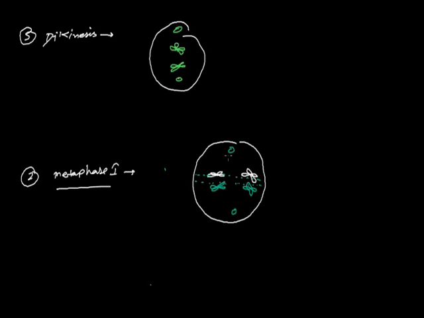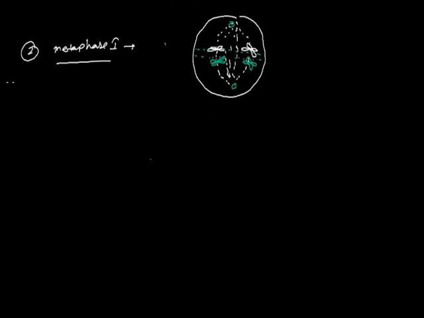Two types of spindle fibers are formed in this stage: discontinuous spindle fibers, which run from the pole to the centromere, and continuous spindle fibers, which form from pole to pole. The third stage is anaphase first.